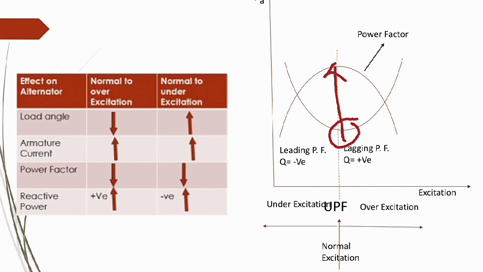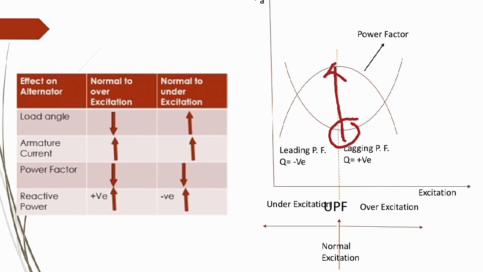In my previous session in this video, when I drew the phasor diagram, you saw a point for normal excitation. In normal excitation, you may notice the angle between V and IA was 0.